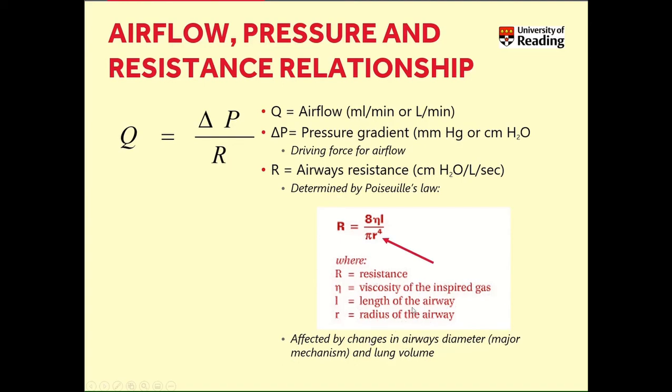And if the airway's diameter decreases, you will have an increase of airway's resistance, which will impact on the airflow. And it will impact in a way that the airflow will decrease as the resistance increases.